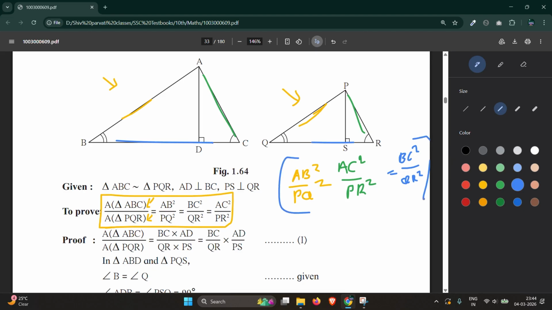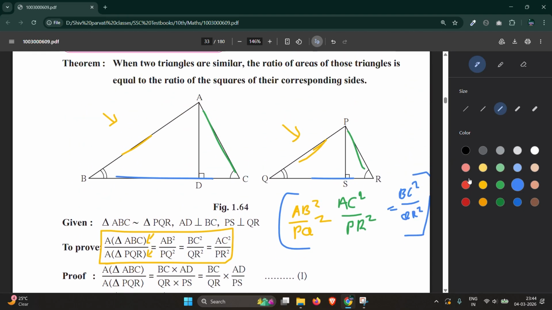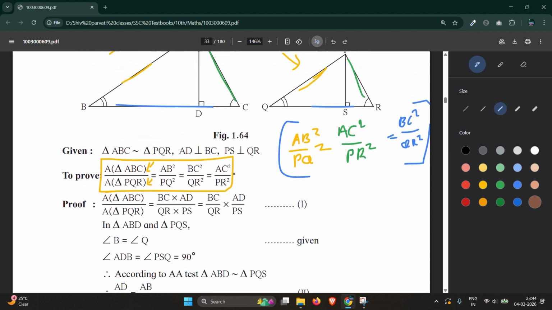So now, how do you prove this? For proving this, you have to draw a little bit of a construction, but it's a very simple one. You just draw a perpendicular line from P to the base. That is, you just draw the height of both of these triangles.